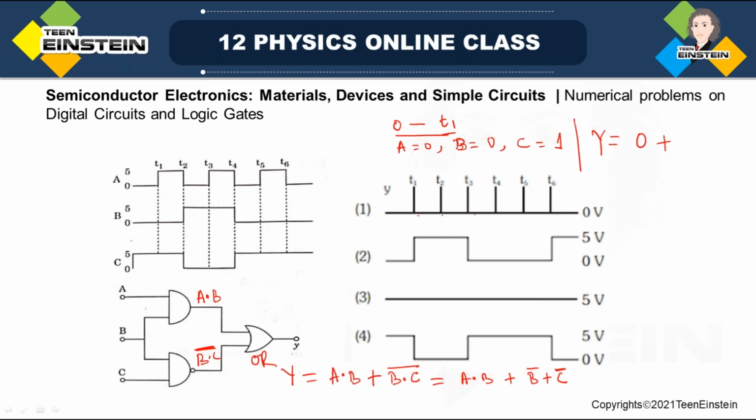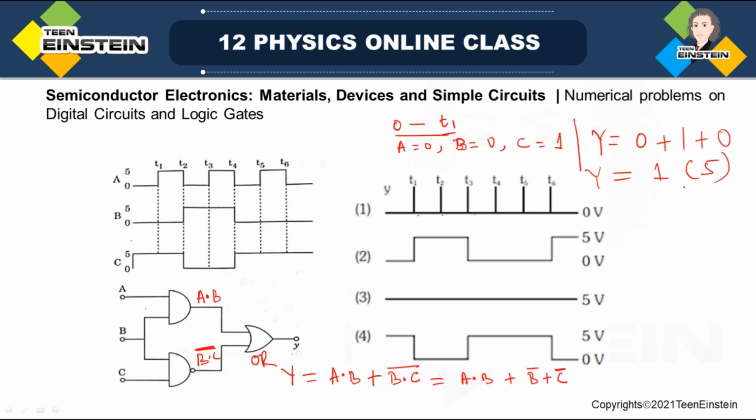B bar means 1, or C bar is 0, right? C is 1, then C bar will be 0. So ultimately you get the output at high level. So in the 0 to T1 interval, the output is high.